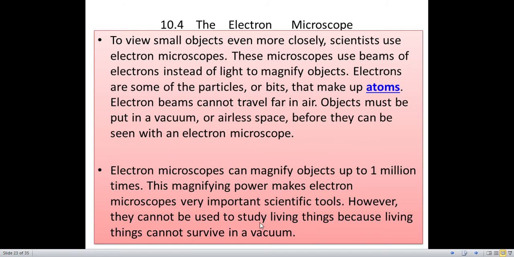However, they cannot be used to study living things. This is a very important point. We cannot observe living things under an electron microscope because living things cannot survive in a vacuum. That is a very important point.